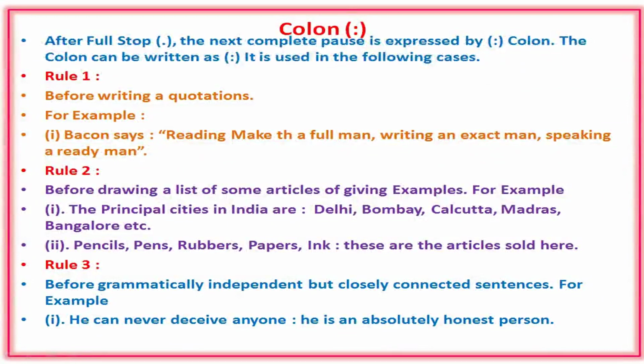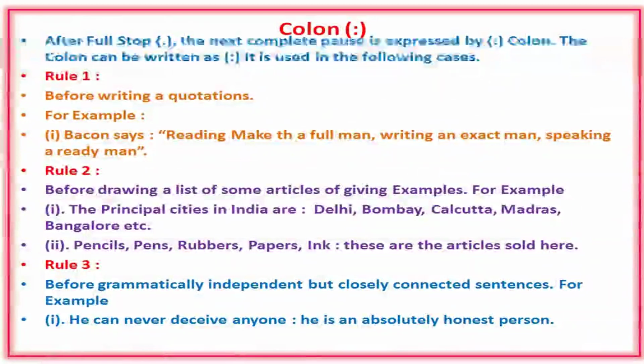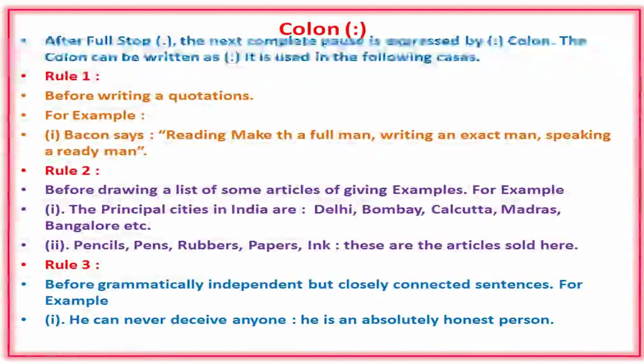Rule number 2. Before a list of some articles or giving examples. For example, the principal cities in India are: Delhi, Bombay, Calcutta, Madras, Bangalore, etc. Pencils, pens, rubbers, papers, ink: these are the articles sold here.